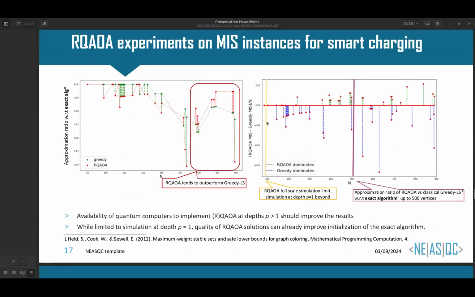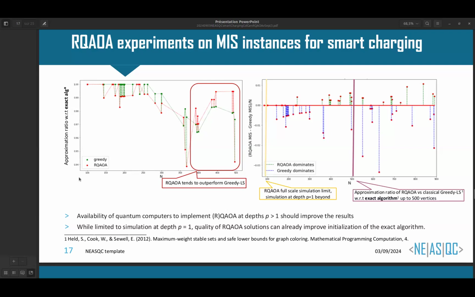So, the results which were obtained. First, we considered an exact algorithm based on the branch and bound approach, and we could use it up to 500 in terms of number of vertices. On the left, we represent on the x-axis the size of the instance, the number of vertices, up to 500.